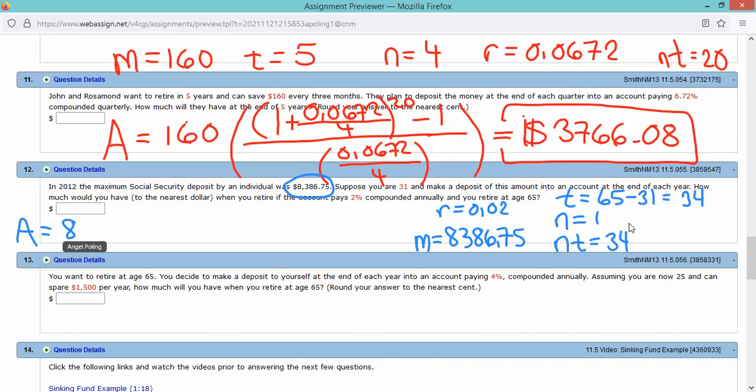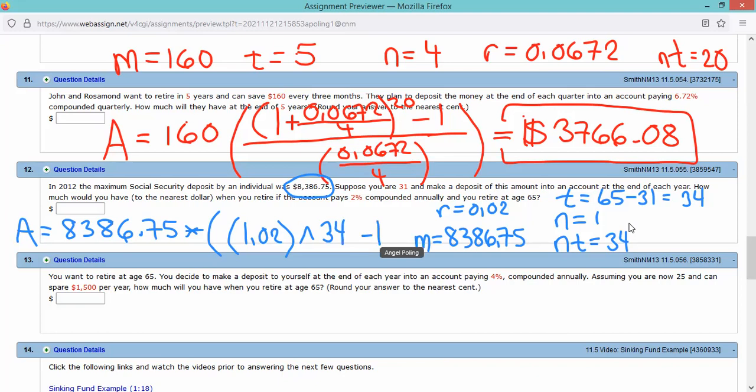So we have M times 1.02 raised to the 34, take away 1, in parentheses, kind of crunched myself up here.